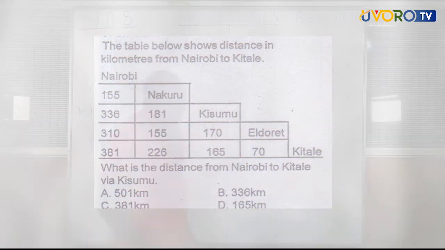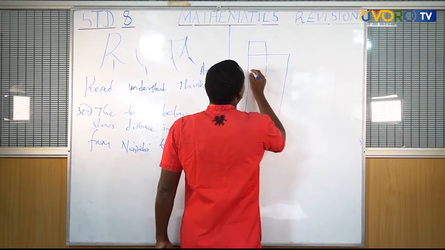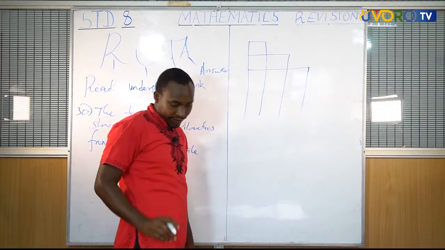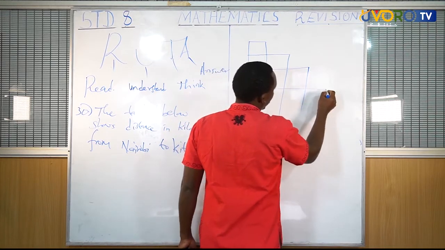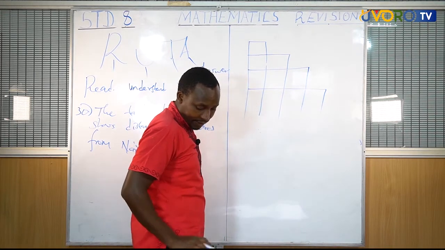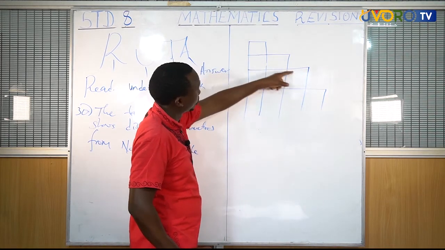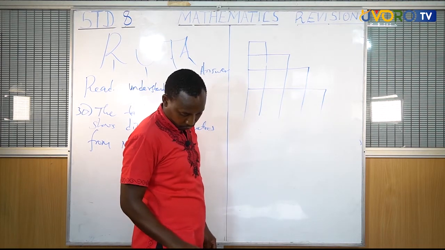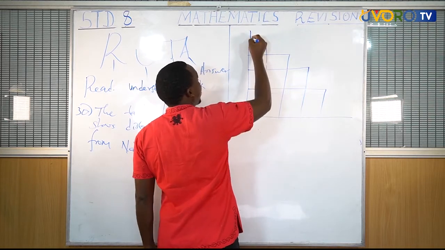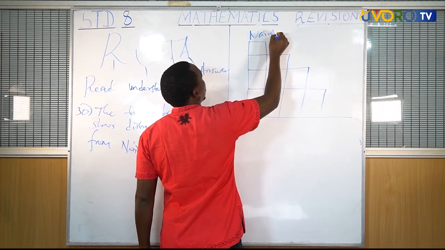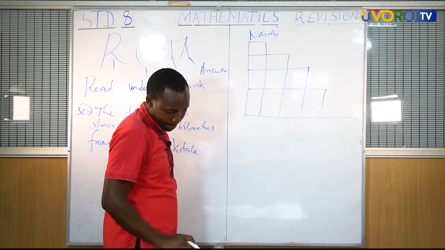Now, so we have the travel graph. That is drawn here. This is Nairobi.